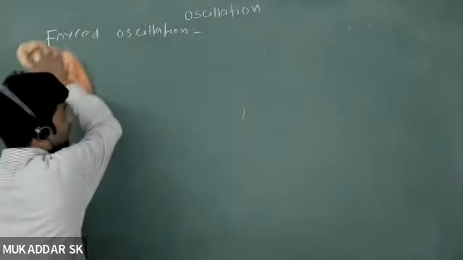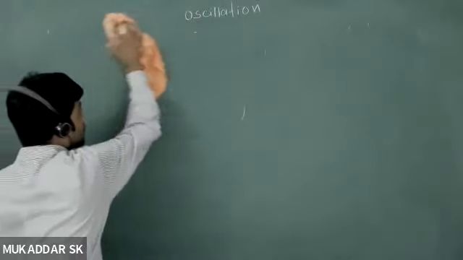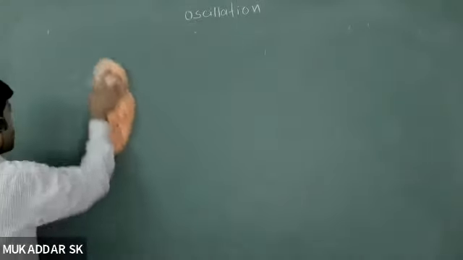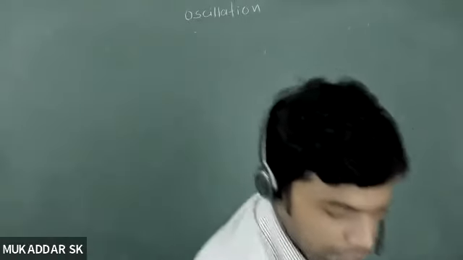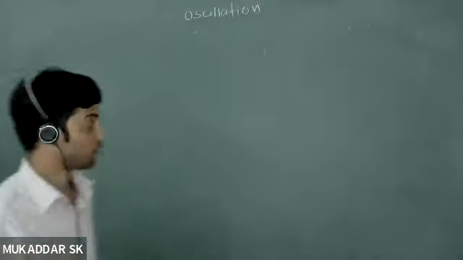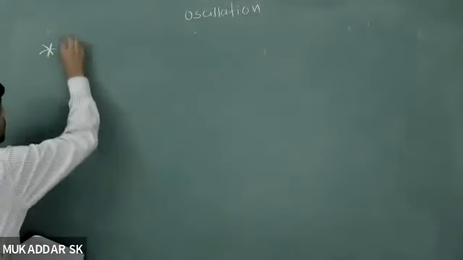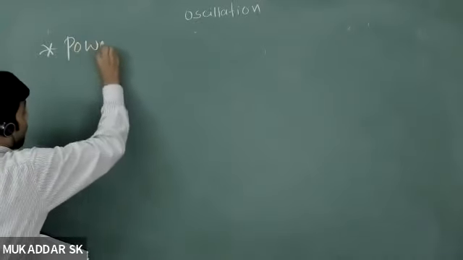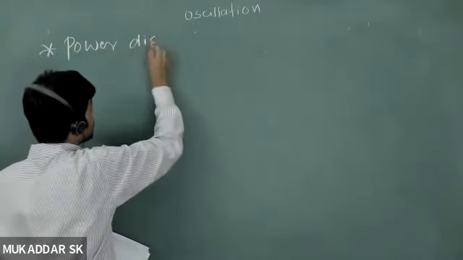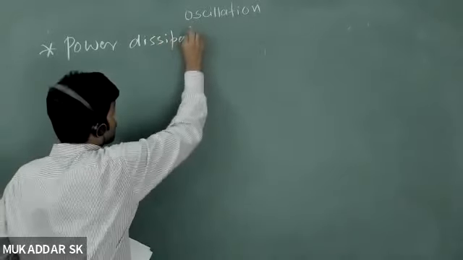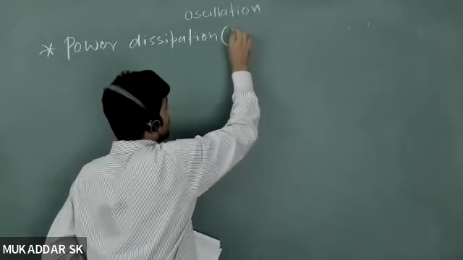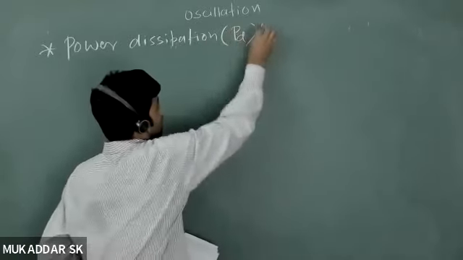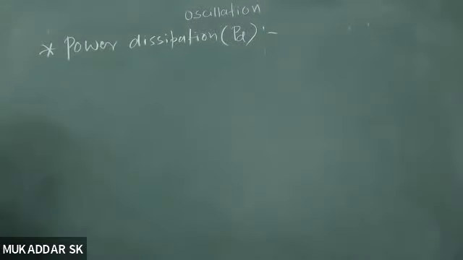तो पावर डिसिपेशन किसके कारण हो सकता है बताओ? In forced oscillation, power dissipation will depend upon what factor? What is power dissipation actually? Let us denote this notation as capital P and D. So if you remember, in damped oscillator itself, we have discussed that power dissipation.